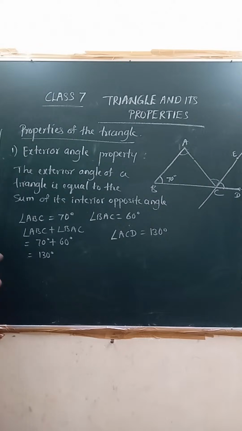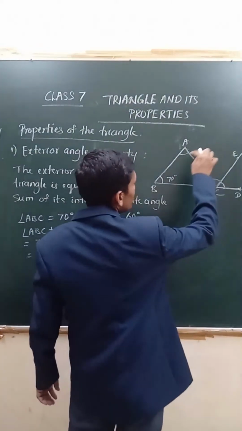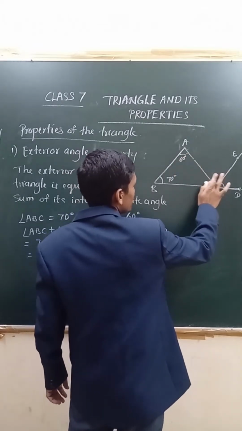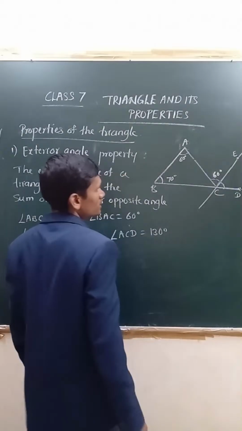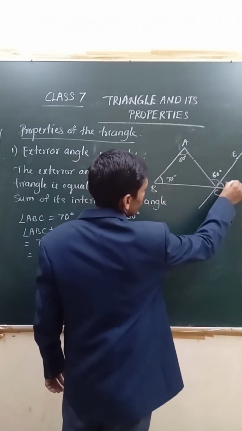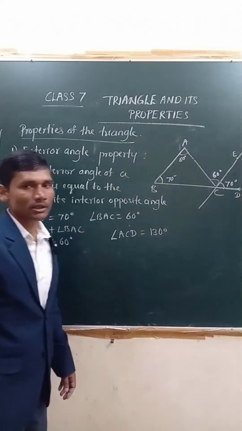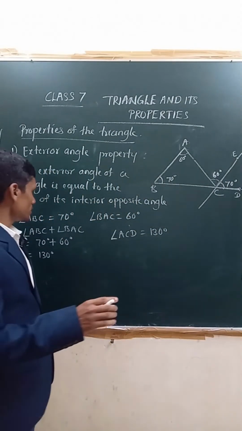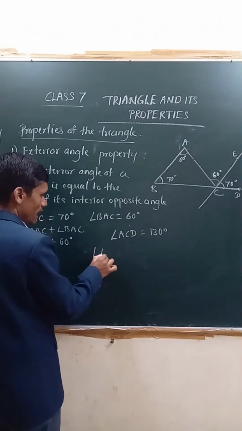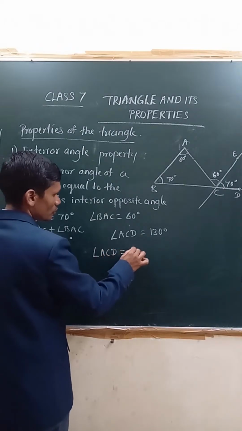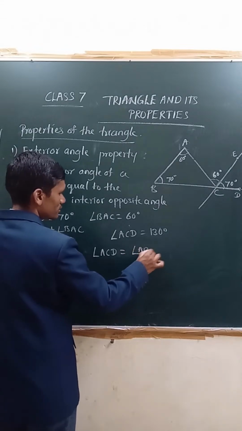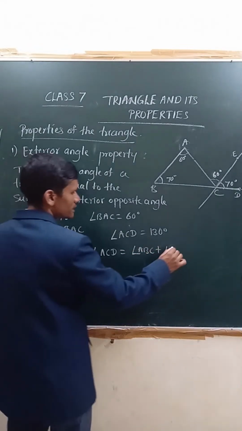And if you are getting this as 60 degree here, this will also be 60 degree, and if it is 70 degree here, then this will also be 70 degree, exactly, right? This is how we can get the exterior angle property. Finally, this exterior angle, angle ACD, is equal to the sum of two interior angles, that is angle ABC plus angle BAC.